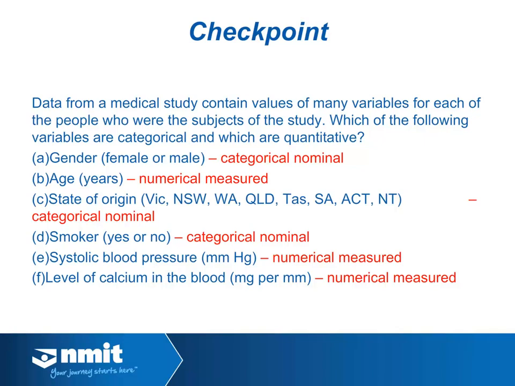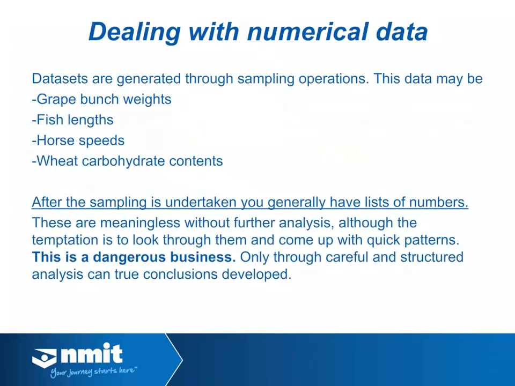If we were counting the number of individuals with calcium which is greater than 50 milligrams per millimetre, that would be numerical counted. If we were ranking humans from highest level to lowest level of calcium in the blood, that would be categorical ordinal or categorical ranked.